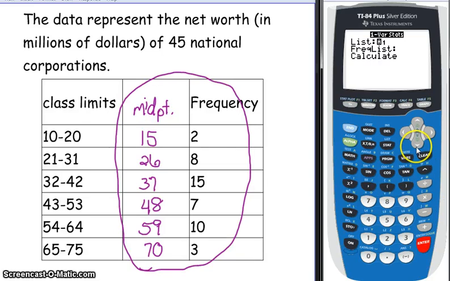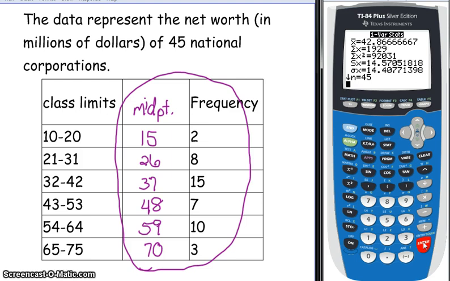The frequency list is list 2, because the midpoint 15 occurs twice. So we press second, and remember list 2 is right above the number 2 in blue. So second 2 puts in list 2. Then we arrow down and press enter for calculate.